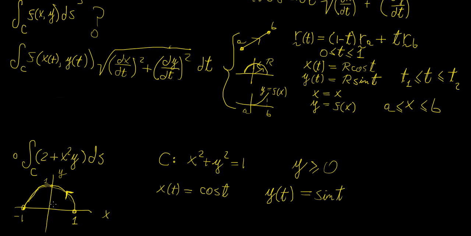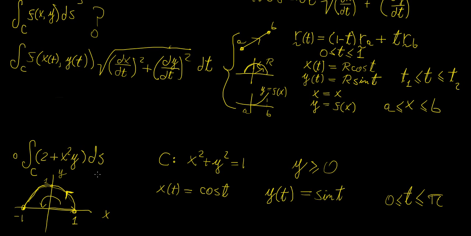And now we need to define what the limits on t are. Well, basically the limits on t are going to be from 0 all the way to pi radians, because in this case t represents the angle. So we're starting off here and then we're rotating all the way to here, so we're covering 2 full quadrants, which gives us a rotation of pi radians.